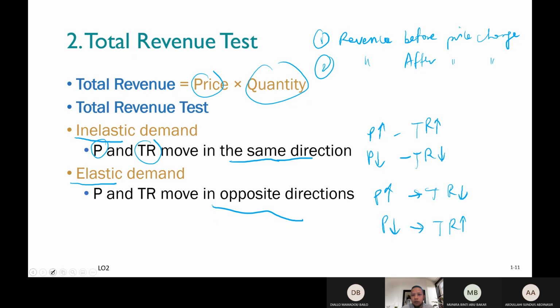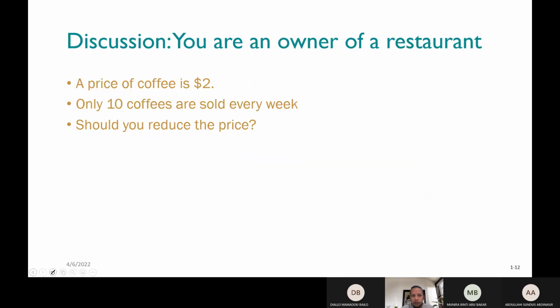So one example, if you are an owner of a restaurant, and you set a price of coffee for $2, and you can sell the quantity, so the price is 2 and the quantity is 10. So your total revenue is basically PQ, which is 2 times 10, so you get total revenue of 20.